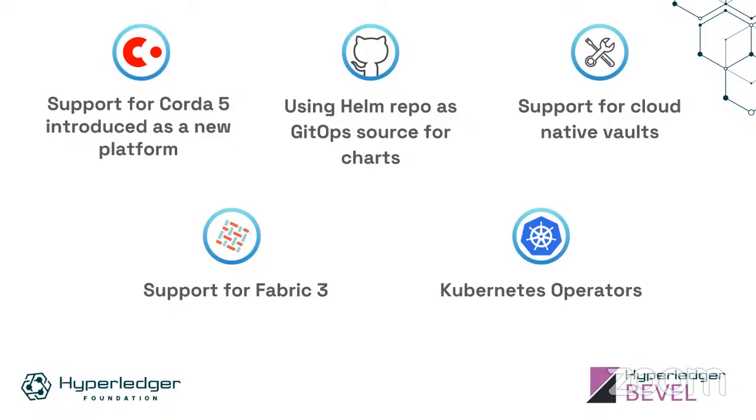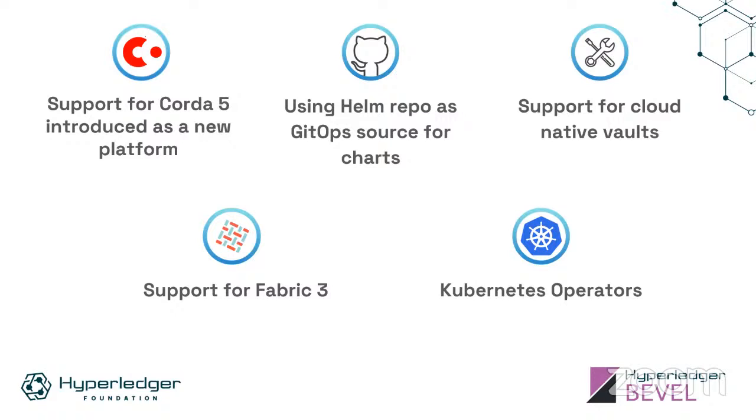The other important thing that we found: I think a year back we integrated the HLF operator, which was called the HLF operator at that time, which uses the Kubernetes operator pattern to deploy Hyperledger Fabric. We added it to our Bevel umbrella, and it is now called Bevel Operator Fabric.